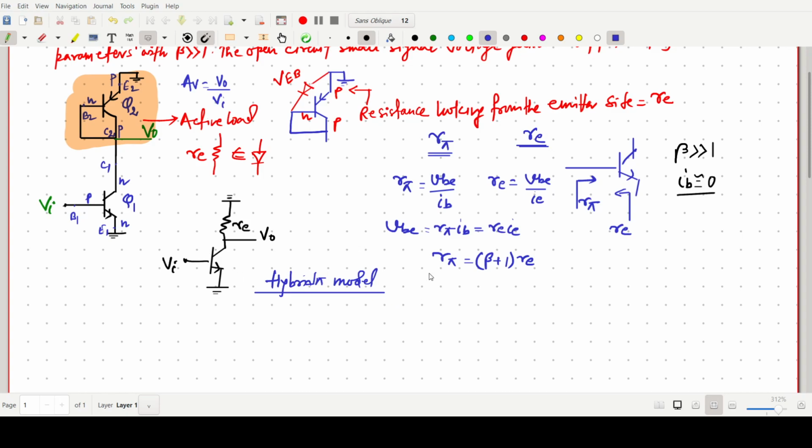This one is an NPN transistor, so first we write the R pi resistance and a current source. And this one is the emitter.